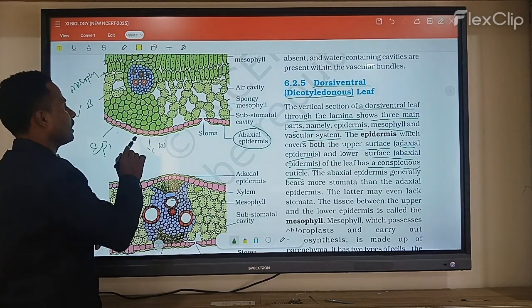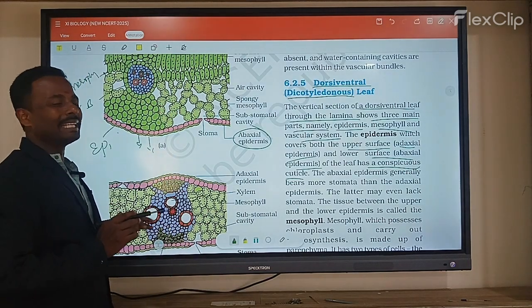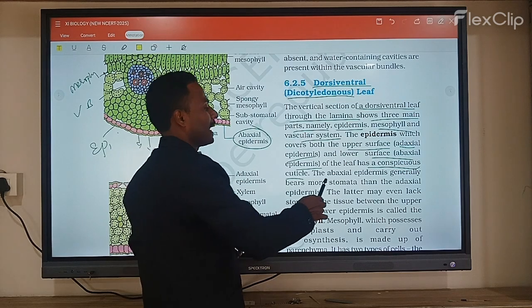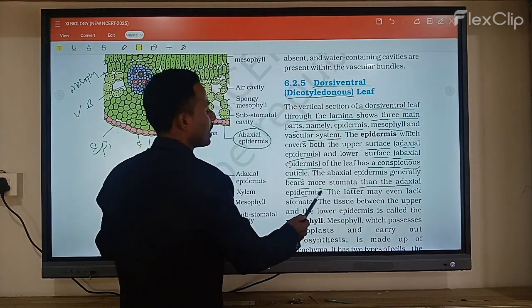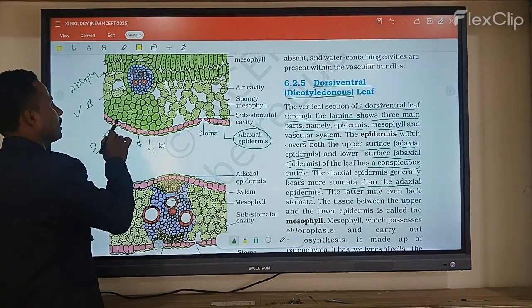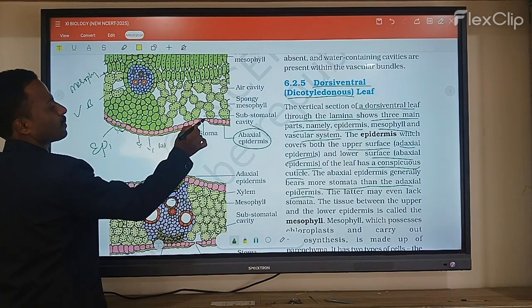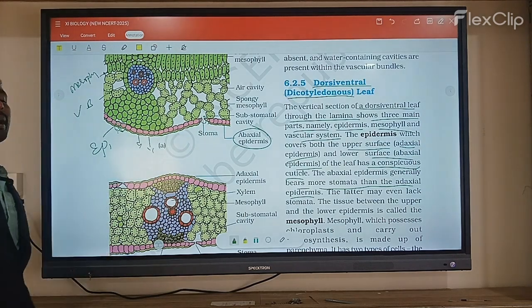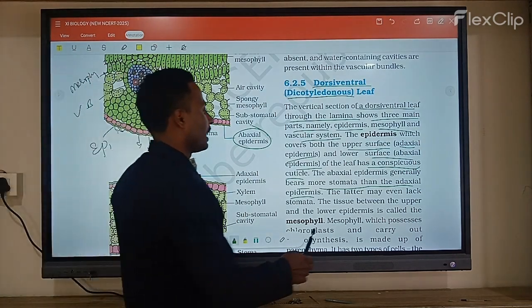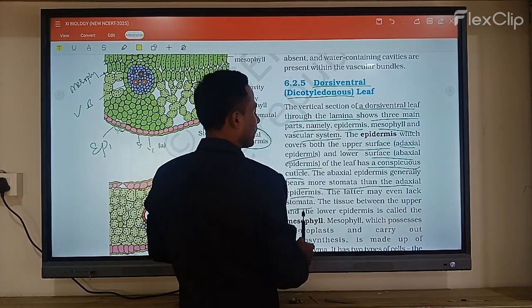The abaxial epidermis generally bears more stomata compared to the adaxial epidermis. See here, more stomata are present, compared to the adaxial surface. The latter may even lack stomata.